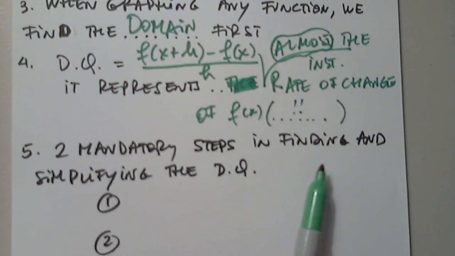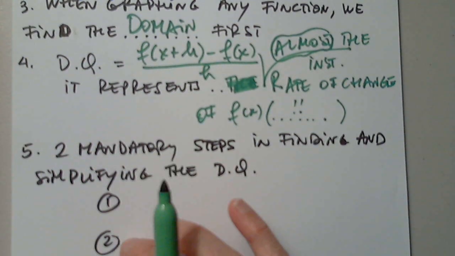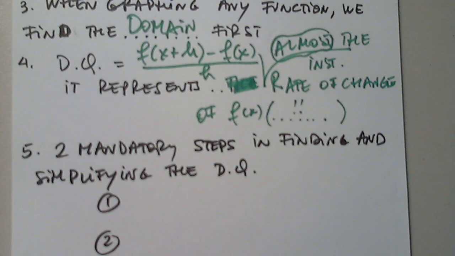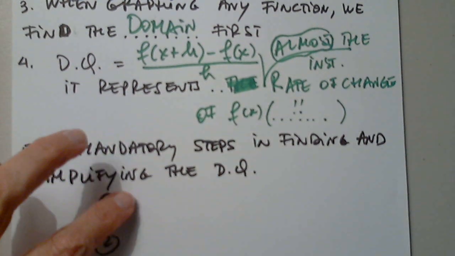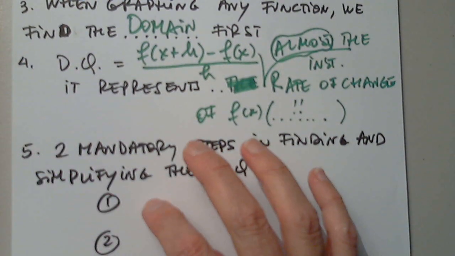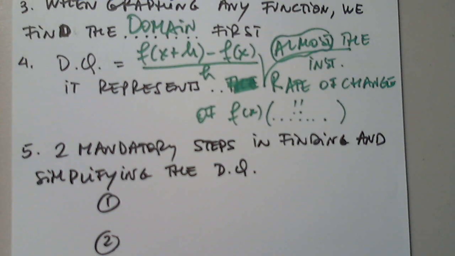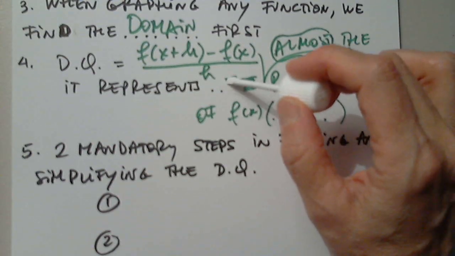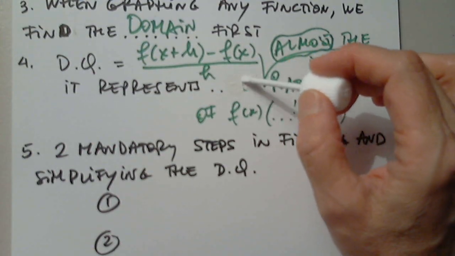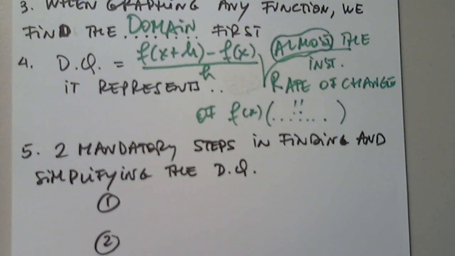2 mandatory steps in finding this and simplifying the difference quotient, 1 and 2 in this particular order. What is the first thing mandatory that has to happen? If it doesn't happen, I know I have an error somewhere. Everything without an h.